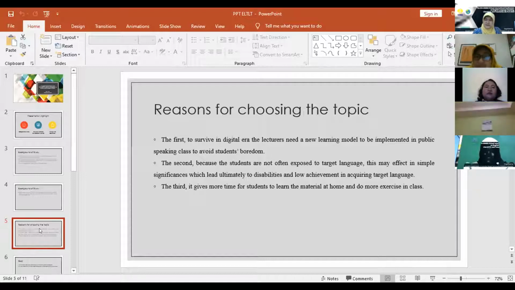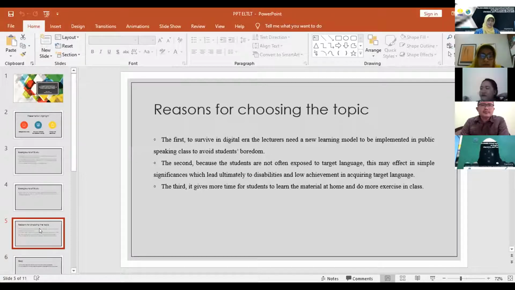In the flipped classroom, the students get the material first and read it at home, and they practice in the classroom more often.